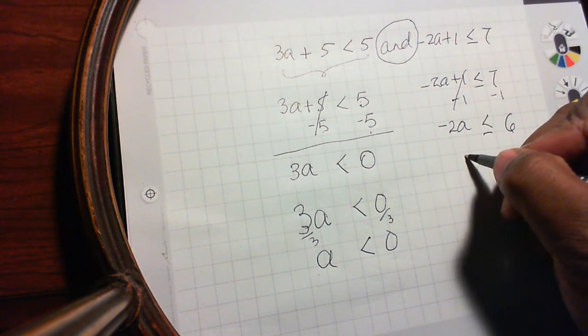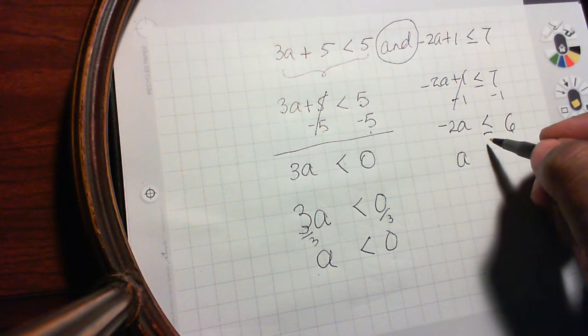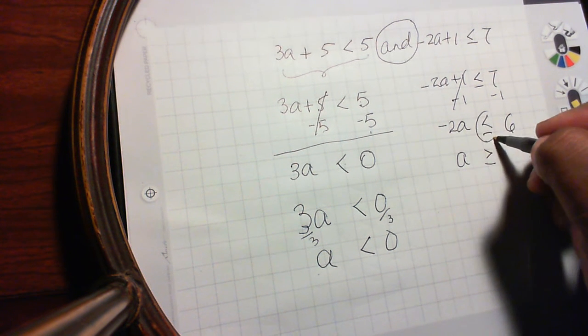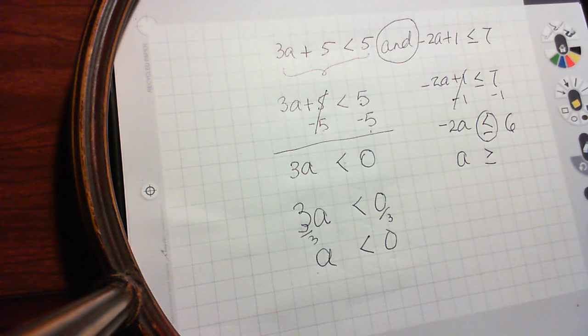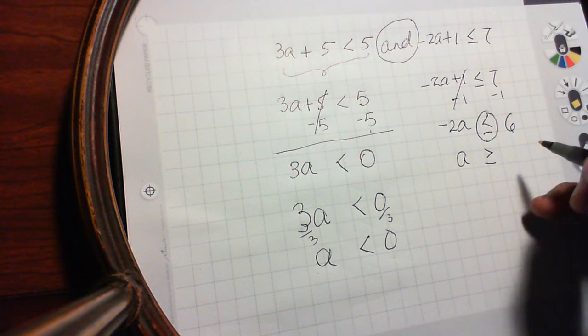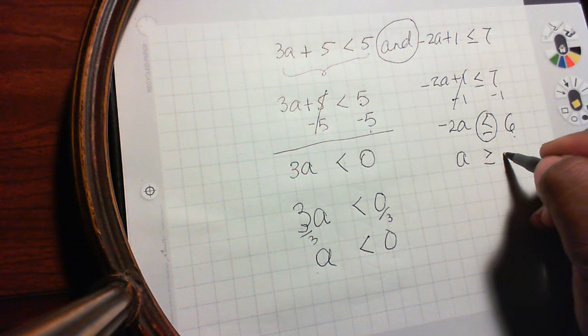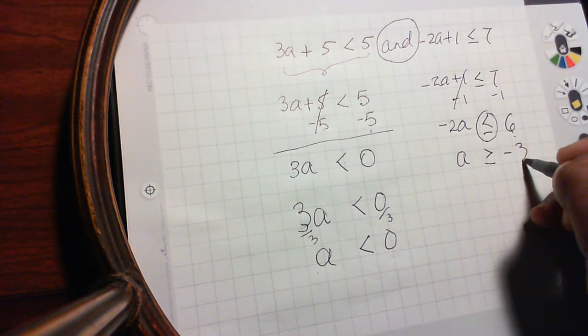Okay, so a is greater than or equal to, because we're dividing through by negative 2, right? The inequality is going to reverse. So 6 divided by negative 2 will give us negative 3.